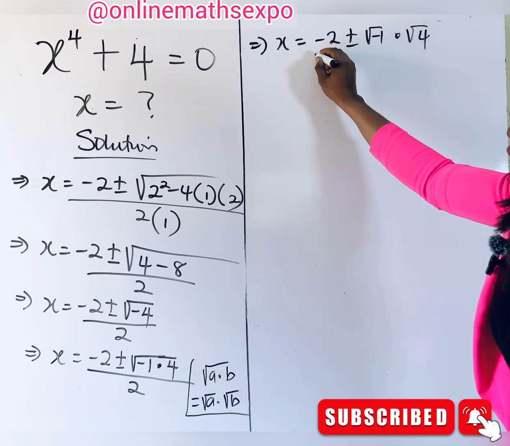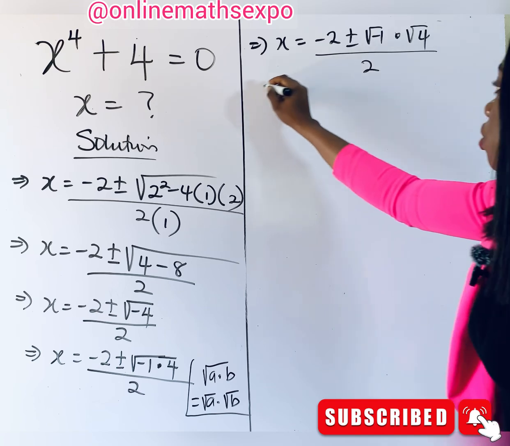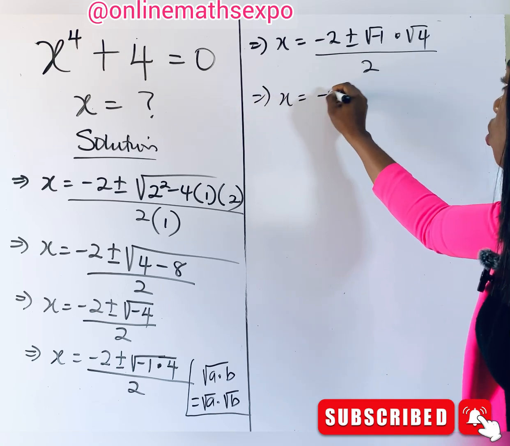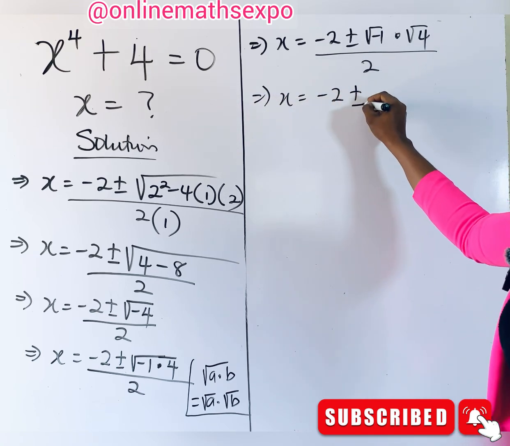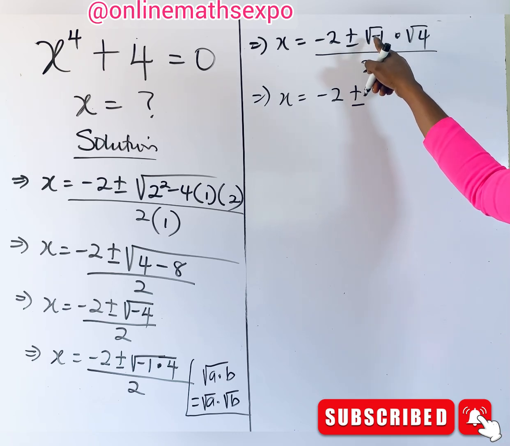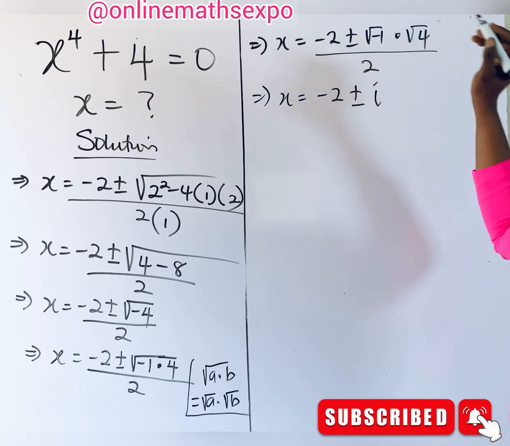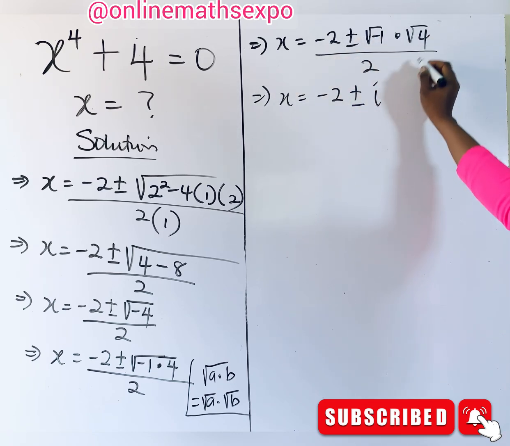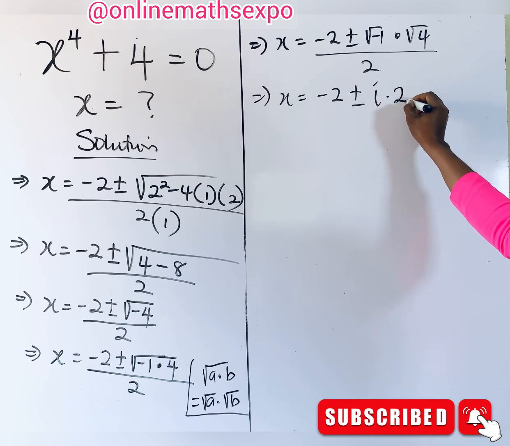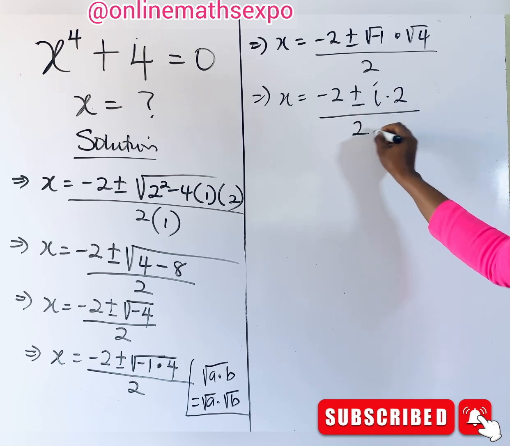Now this is divided by 2, so we're going to have x is equal to negative 2 plus or minus, this is the imaginary unit, so we replace it with i. Then the square root of 4 will give us 2, and that is divided by 2.